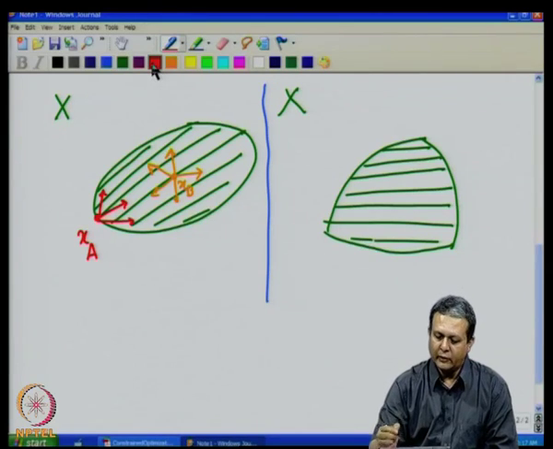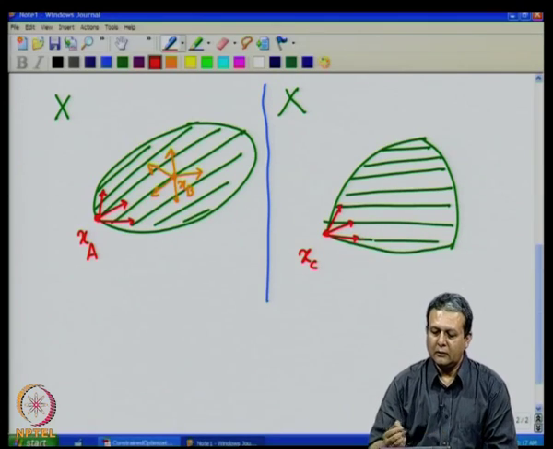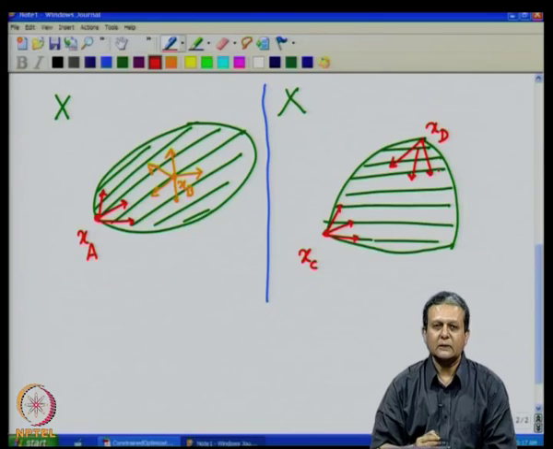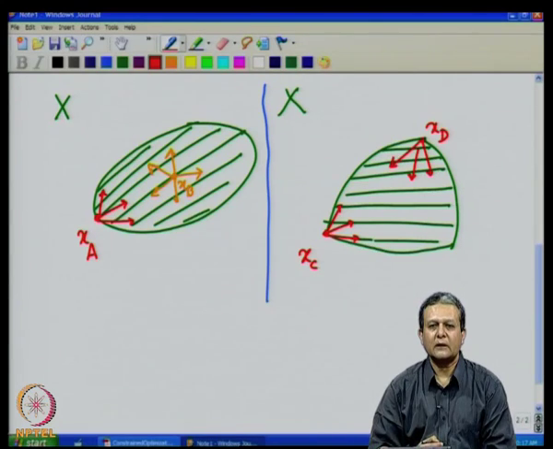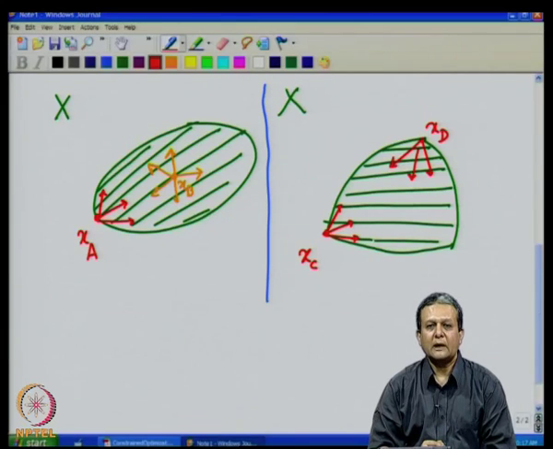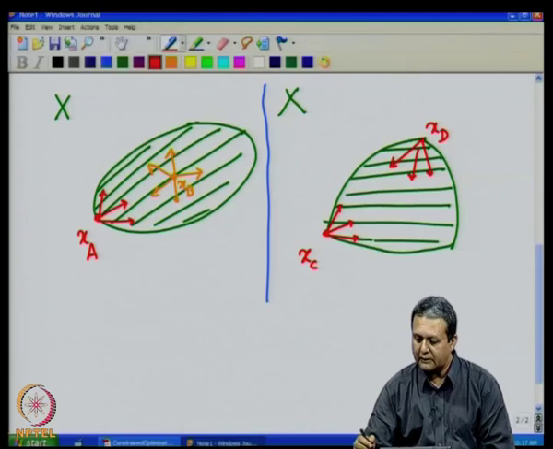Now, let us consider some point, let us call it x c. You will see that one can move along these lines. If you consider a point x d, one could move along these. What is drawn here is only some set of feasible directions, and likewise we can draw feasible directions for a given set. Now, let us consider another example.